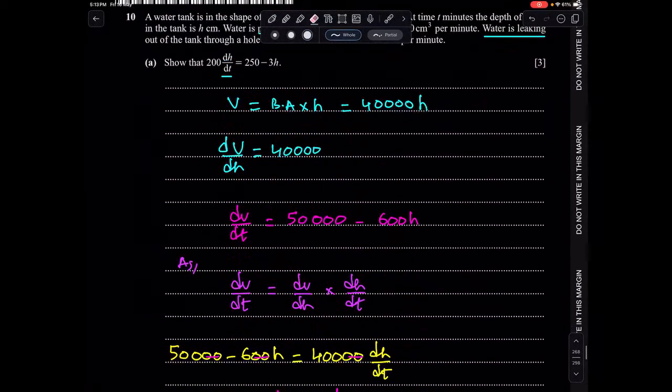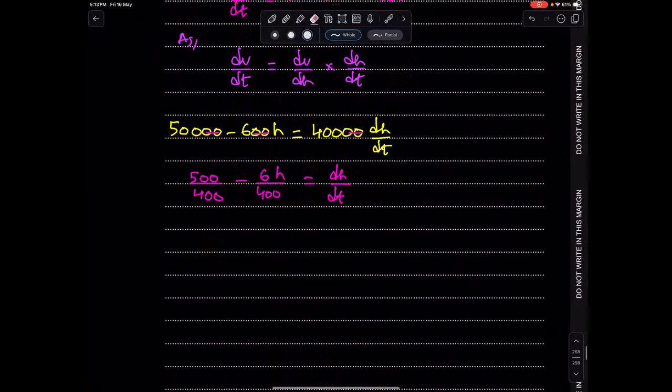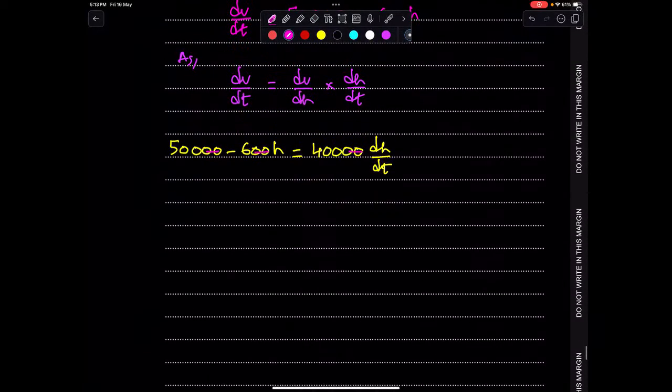We have to keep 200 on the left side, so we have to divide all terms by 2. So 500 upon 2, 6h upon 2, 400 upon 2.